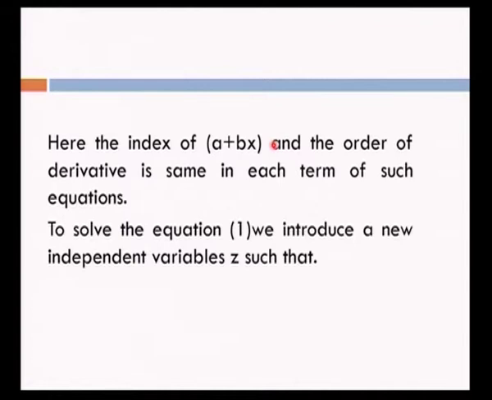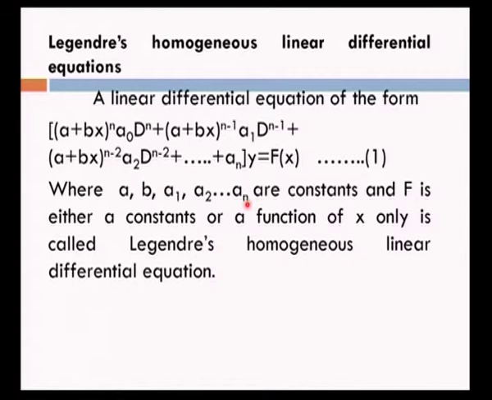But here, a plus bx should be taken as e power z. Then we proceed as we did in the Cauchy-Euler homogeneous linear differential equation, and we will get the solution for this Legendre linear homogeneous differential equation.